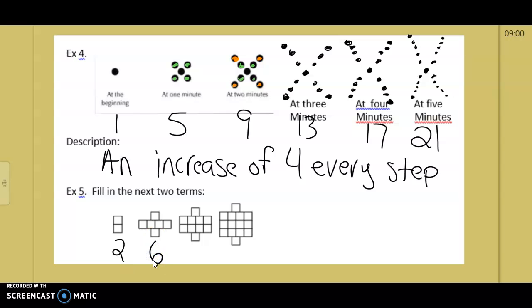Next step, what did we get? Matt? 4 more, right? Now we got 10. Good. Next step. Okay. 4 more for 14. Good. It wants the next two terms. So we know it's going to be 18 and 22.